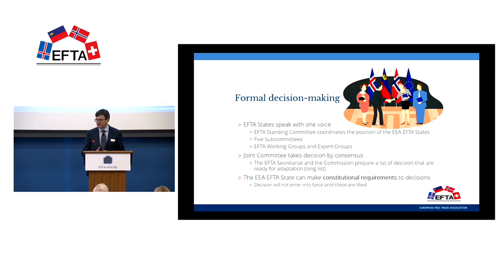For that, we have the EFTA Standing Committee, which is charged with coordinating the position of the EFTA states. To assist the Standing Committee in performing its tasks, you have 5 subcommittees, and then you have working groups and expert groups.